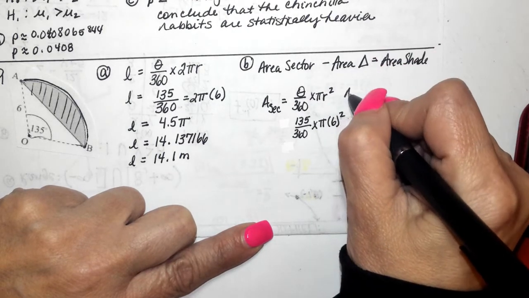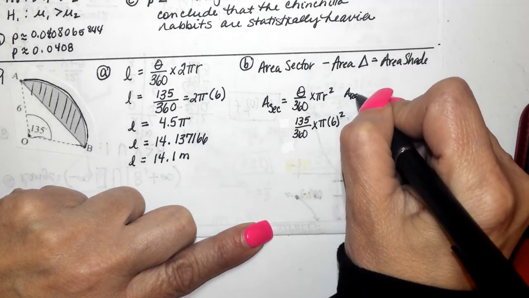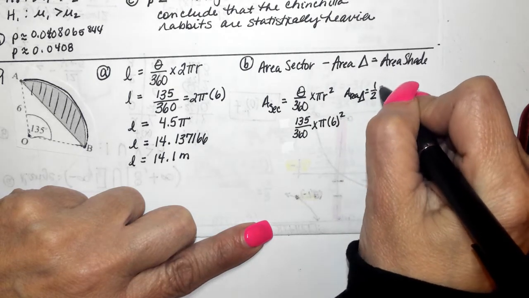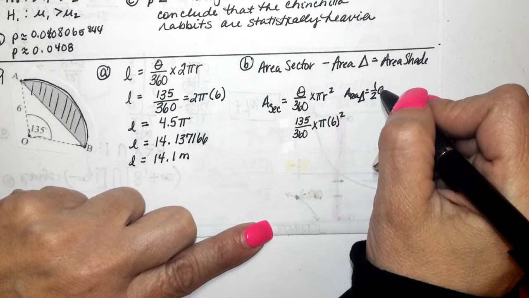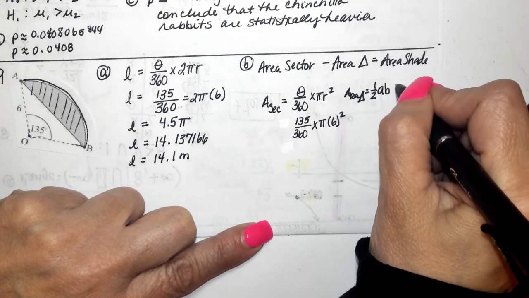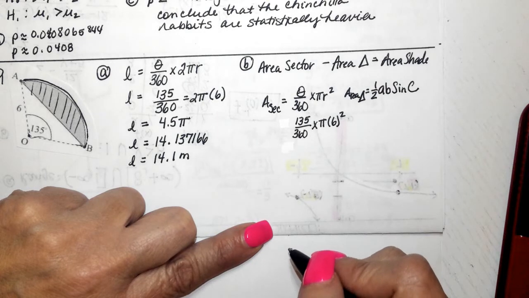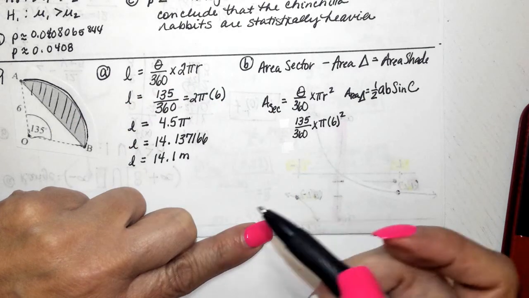So I'm going to come over here and do the area of the triangle. Area of the triangle is 1/2 a b sine of C, right? Because that's not a right triangle.